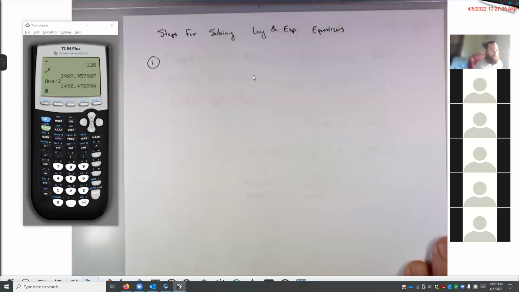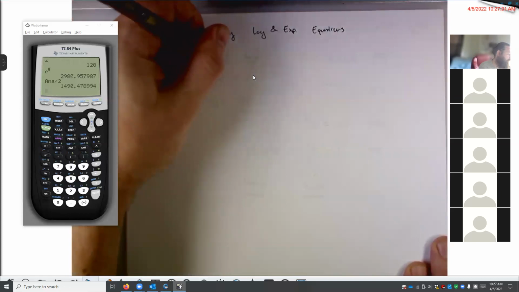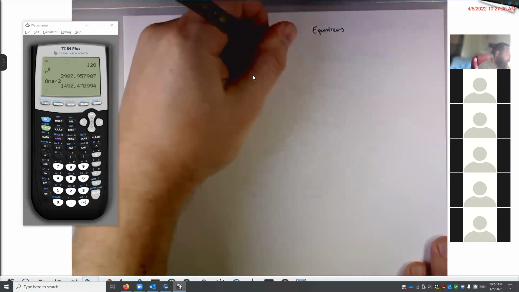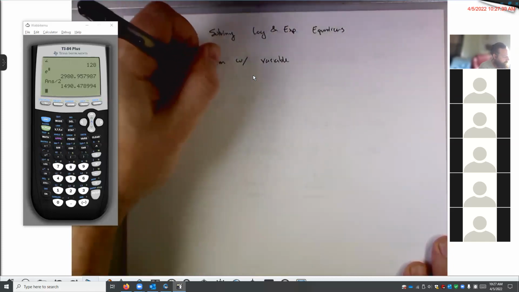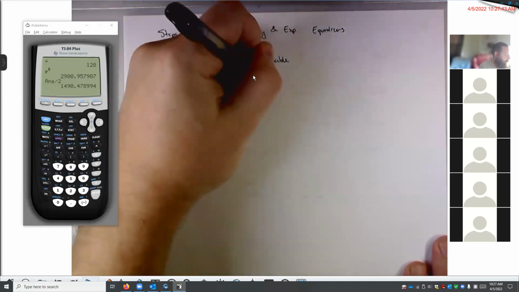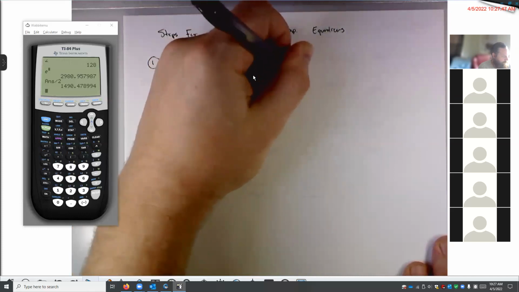So your first step is to isolate the term with the variable, meaning either isolate the log or isolate the exponential.